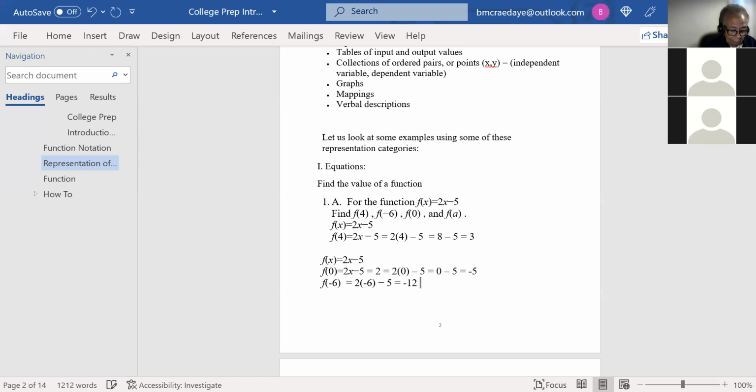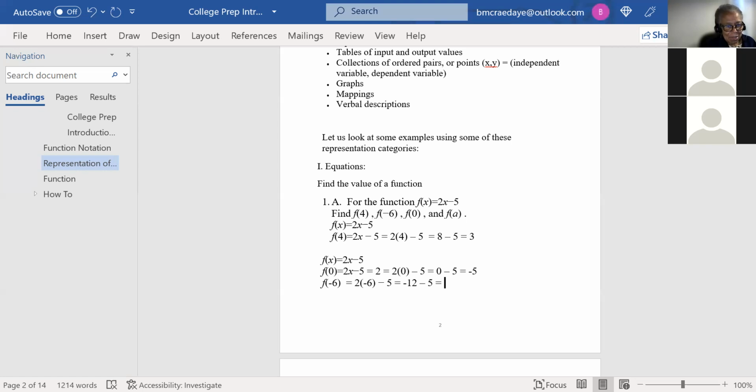Minus 12 minus minus 5. And what's that equal to? 7? No. Minus minus gives minus. Plus plus minus gives plus. Minus plus subtraction. So what would be the answer? This is minus 12 minus 5.